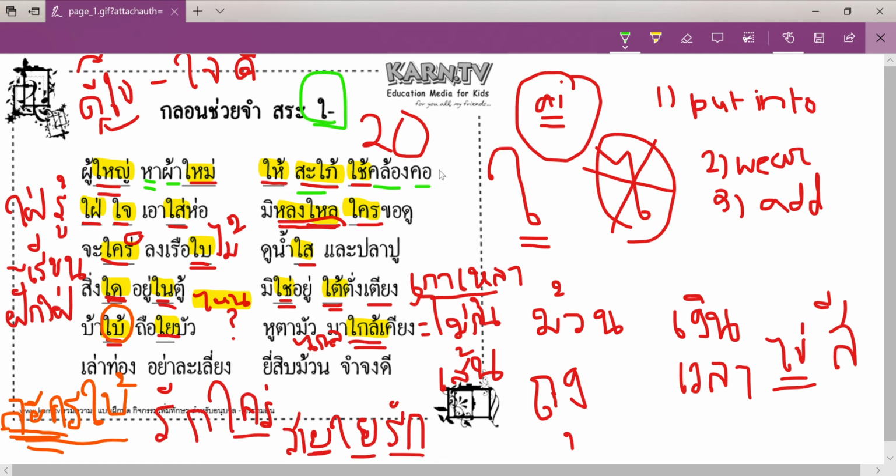ใฝ่ใจเอาใส่ห่อ. ใฝ่ means too eager to do something, so ใฝ่ใจ means you really want to do something, really concentrate, really into doing this.